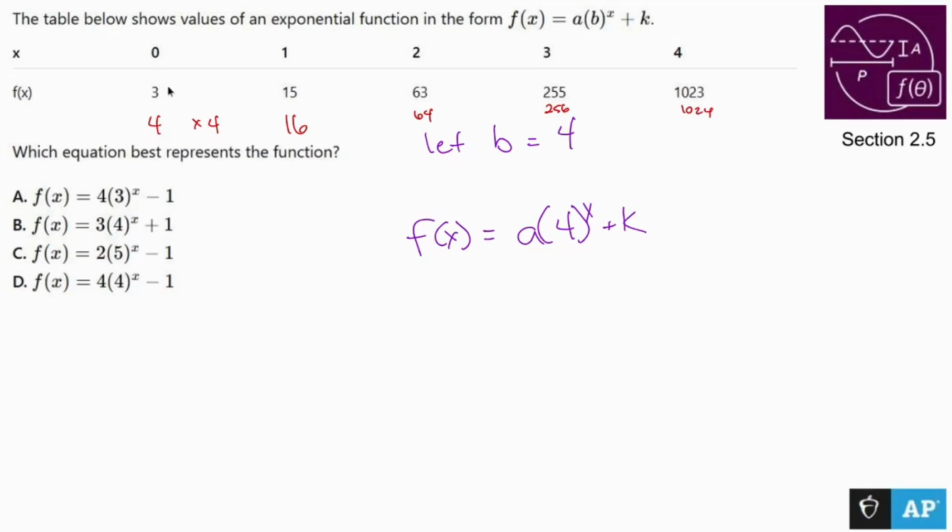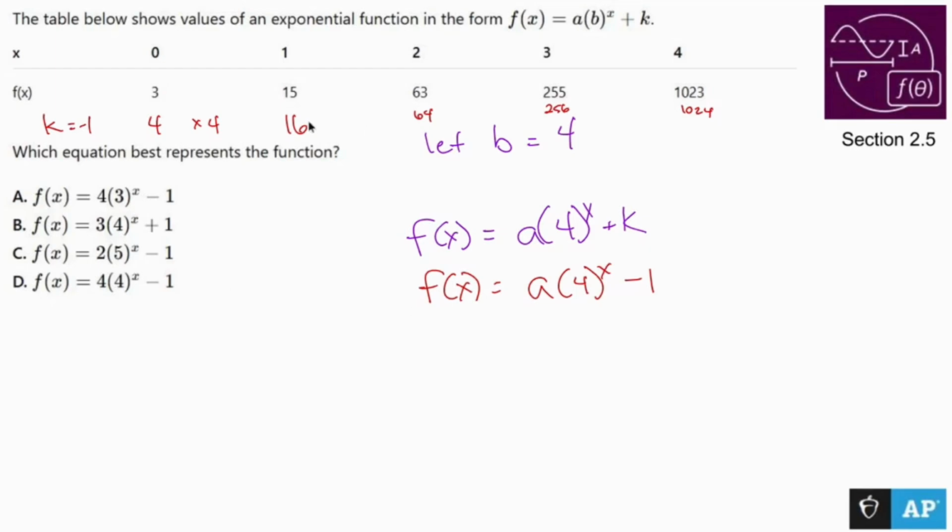Since I added 1 to my original table to make the numbers work, going backwards means I would have to subtract 1. So k would equal negative 1. So now what I have is f of x equals a times 4 to the x minus 1. Now a is going to be my initial value.